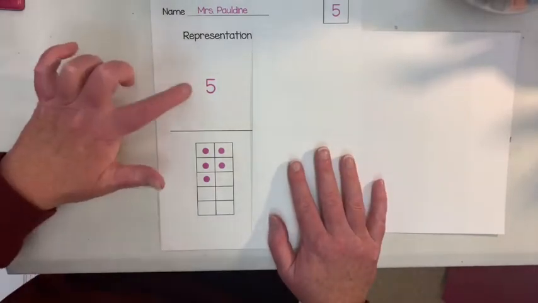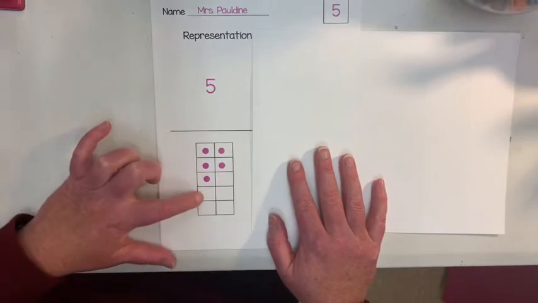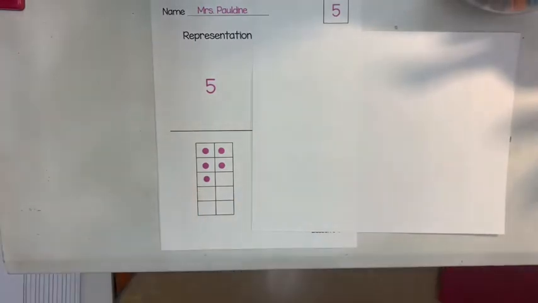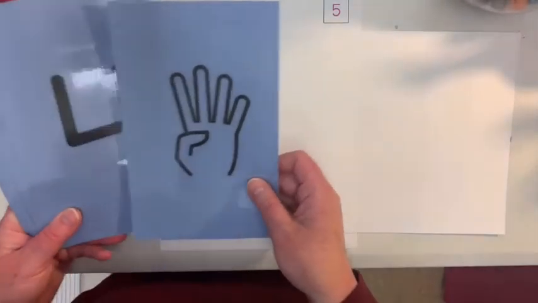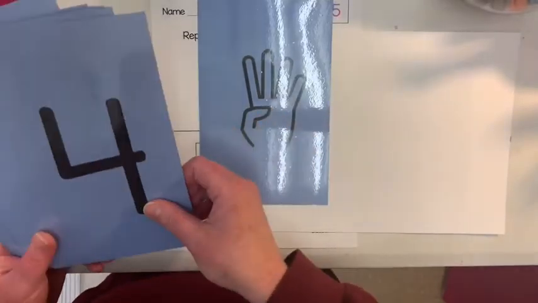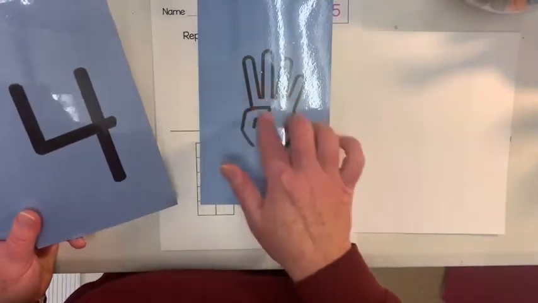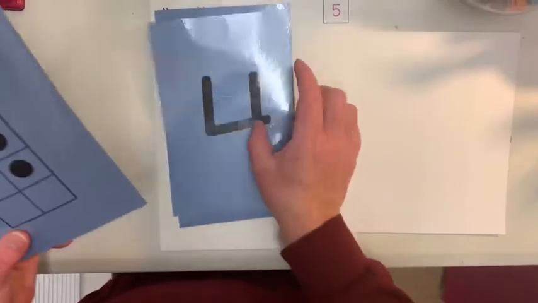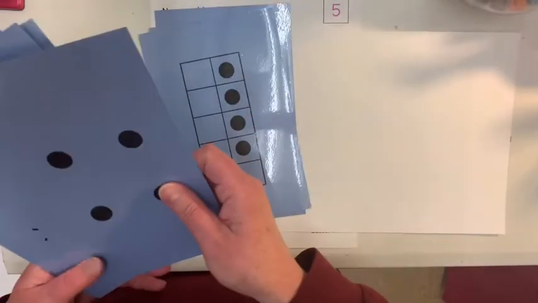That's a different way to show 5. So now, if you remember our cards, there was different ways. We could show it by drawing a hand. We already drew the number.